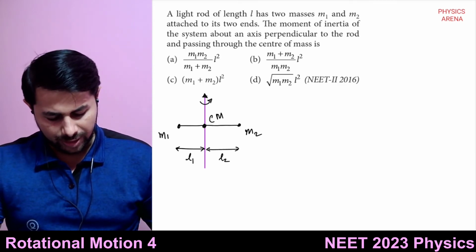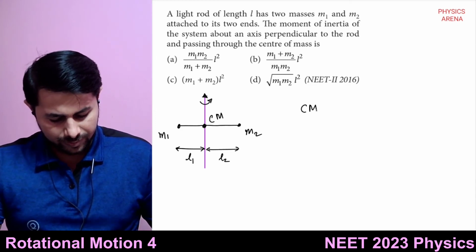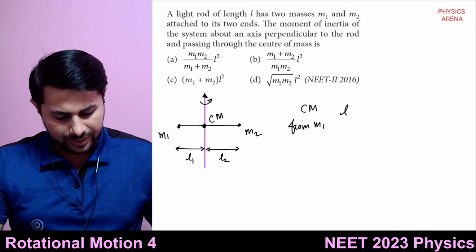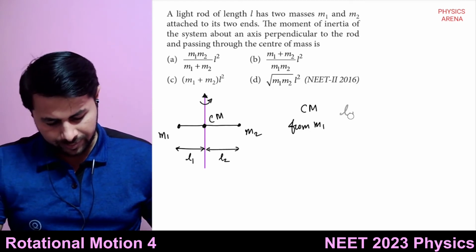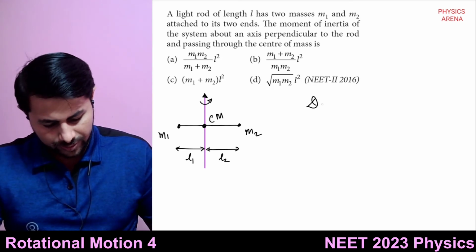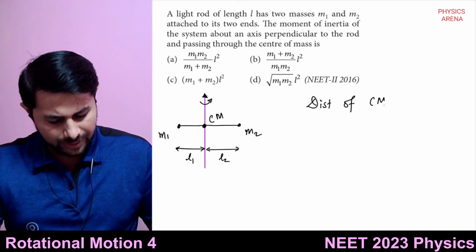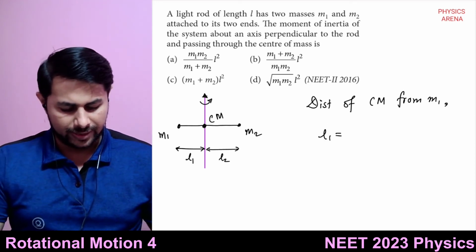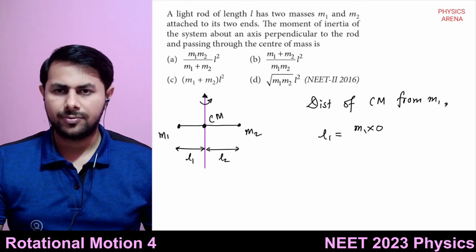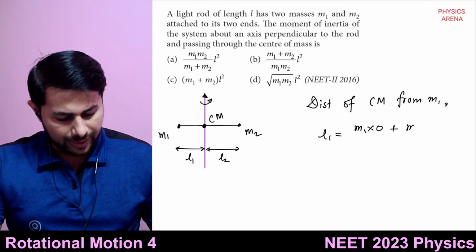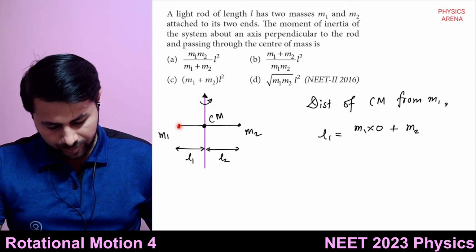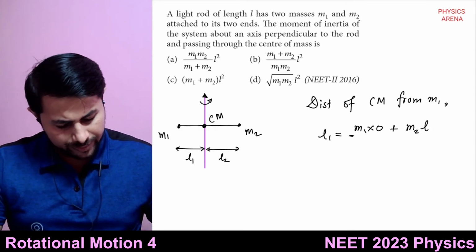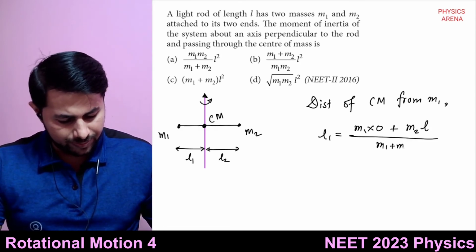So the distance of the center of mass from m1 is L1, which is equal to m1 into 0 plus m2 multiplied by L, since from m1, m2 is at a distance of L, divided by m1 plus m2.